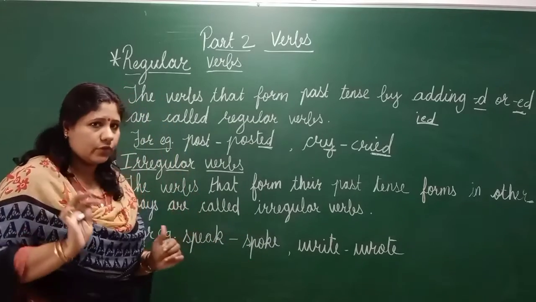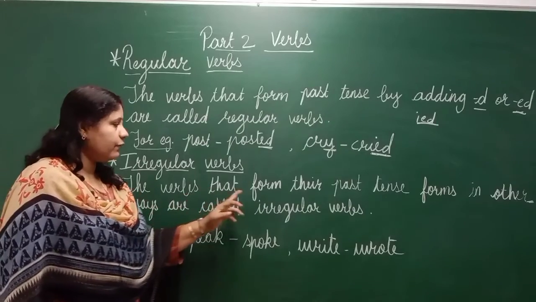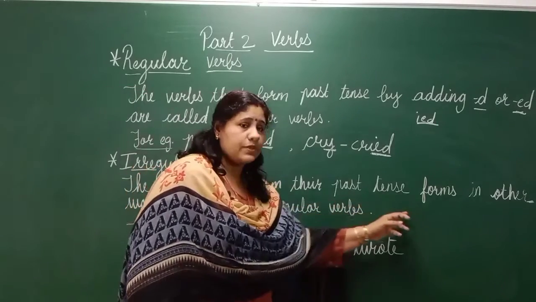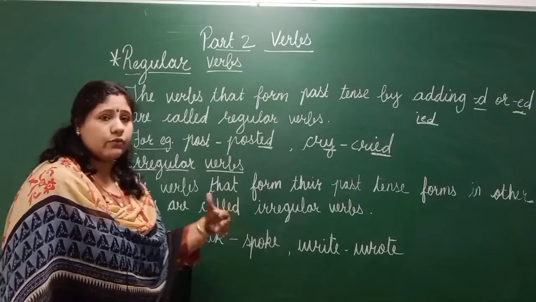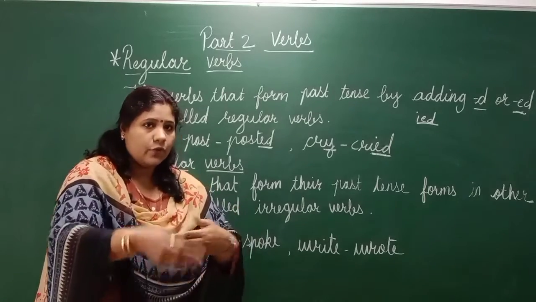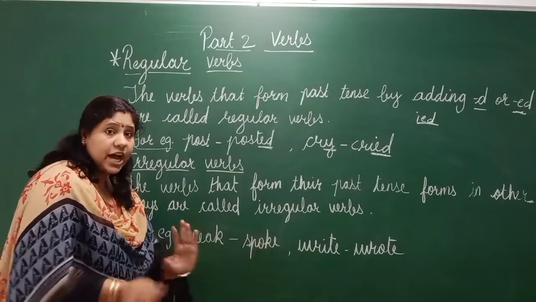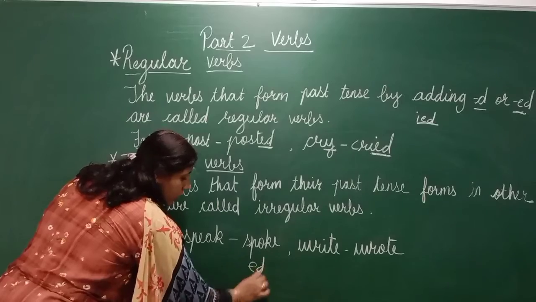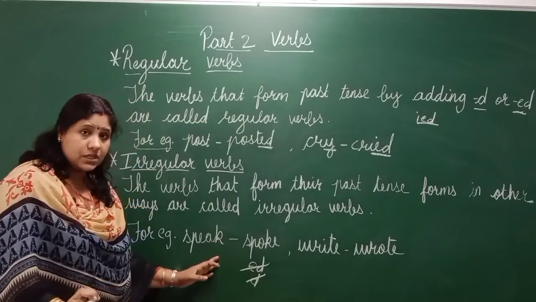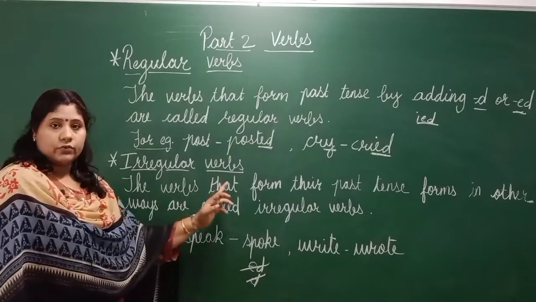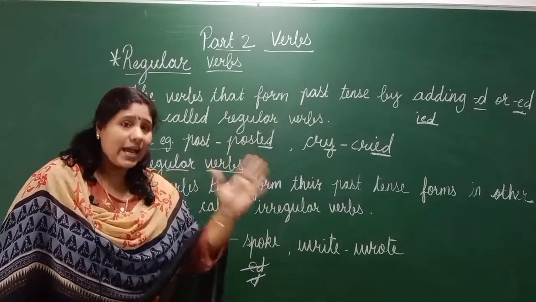Now, what about irregular verbs? The verbs that form their past tense in other ways are called irregular verbs. For example, speak, spoke. Here we are not adding ED or D. So this kind of verbs are known as irregular verbs, which are not formed by adding D or ED or even IED.